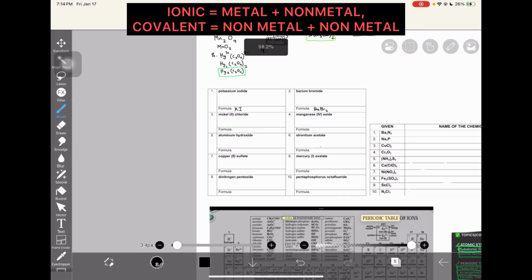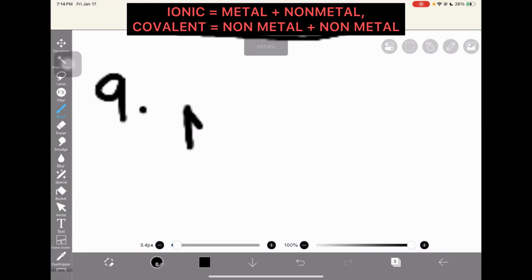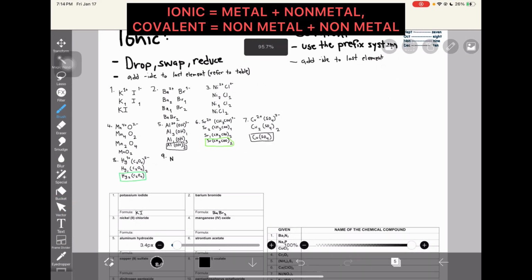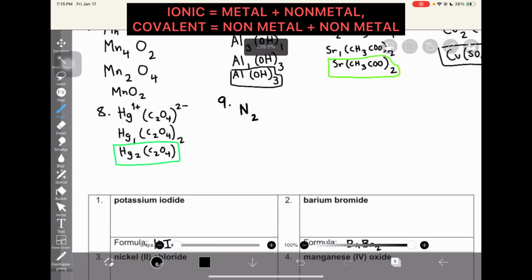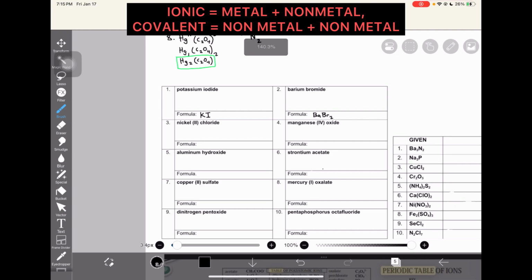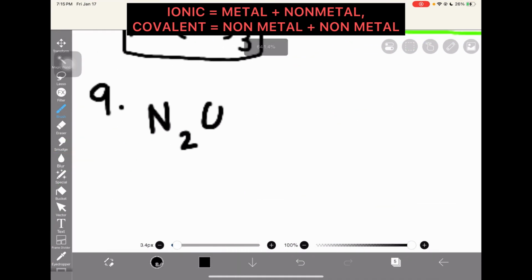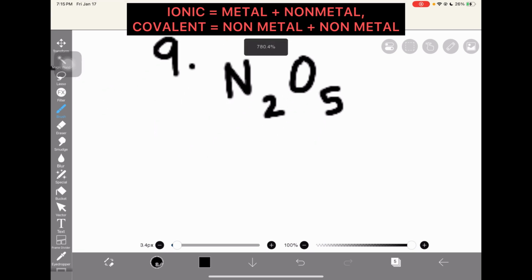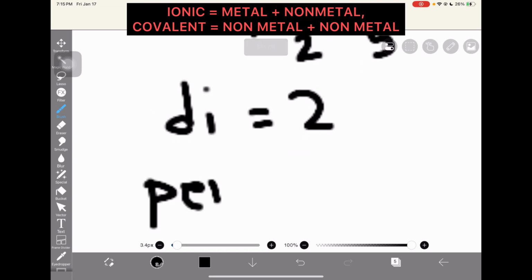So what do we have here? We just have dinitrogen. Dinitrogen is just 2 because di. And pentoxide, pent, is equal to 5. So it's just O5. So I just put di equals 2, pent equals 5.